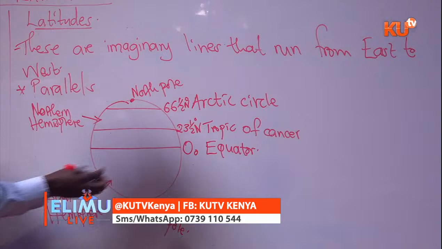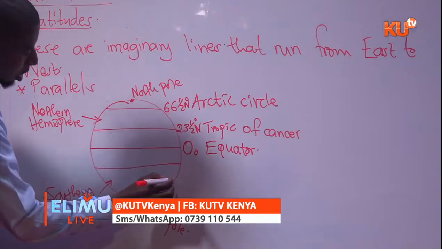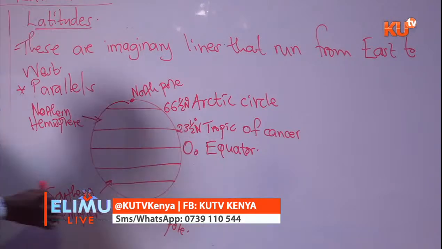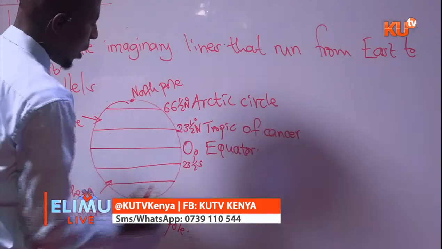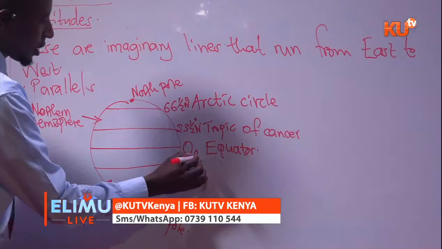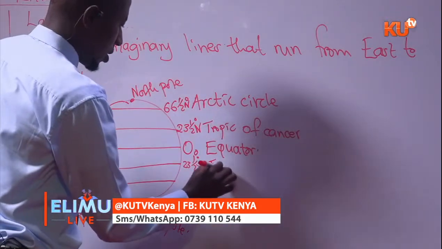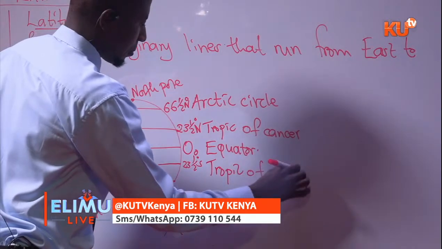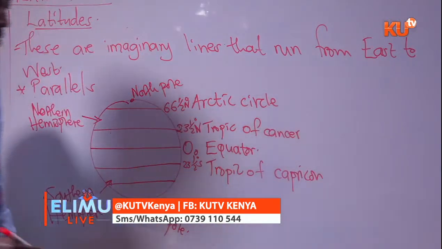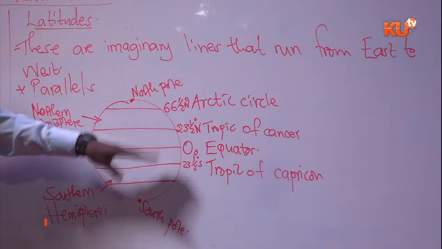Then to the south, they are named almost the same. This one here at 23 and a half degrees south is called the Tropic of Capricorn. These are tropics.